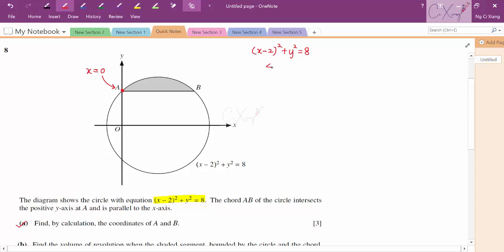So I have 4 plus y squared equals 8, and therefore y equals plus or minus 2. From the diagram, it is very obvious that the value of y should be positive. Therefore, I can conclude that the coordinates of A are (0, 2).